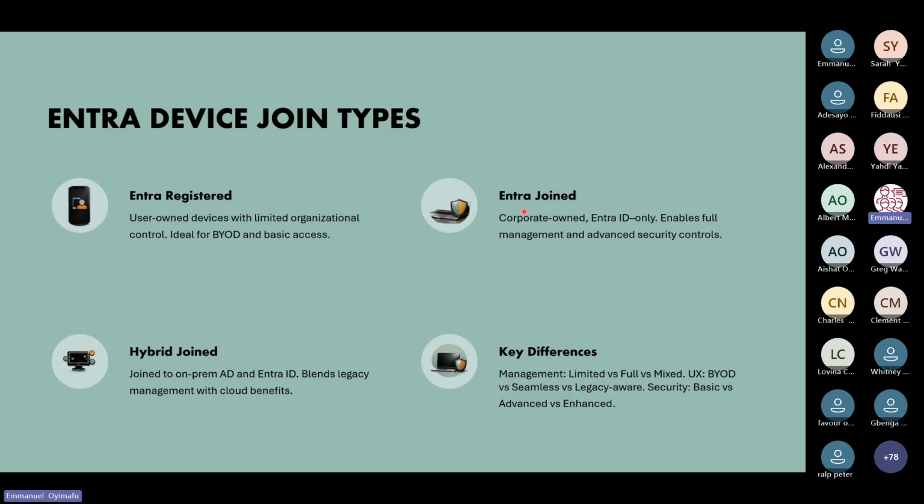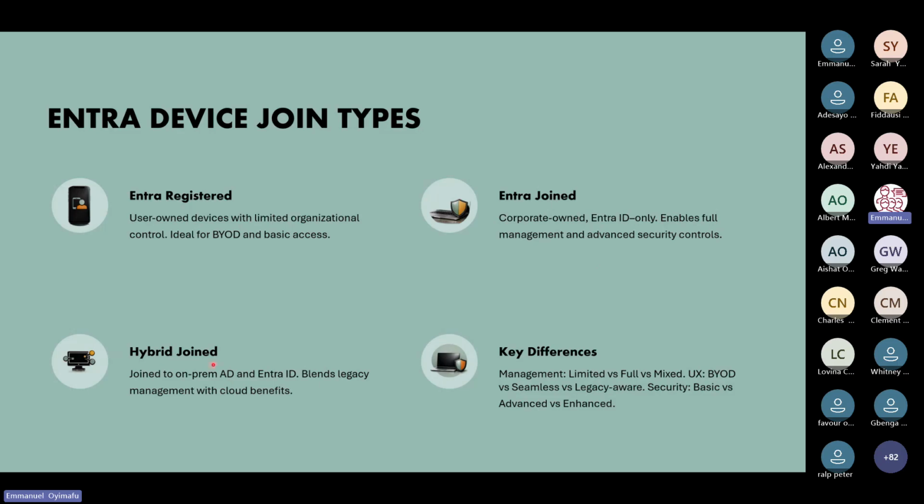If you join your device to Entra ID, it means that the organization has full management and advanced security controls over your system. They can do a lot of things in your system, like they can isolate your system in times of, let's say, any security alert or incidents. An admin can even remote to your system. They can do a lot of security features in terms of Microsoft Defender for Endpoint and also Intune.